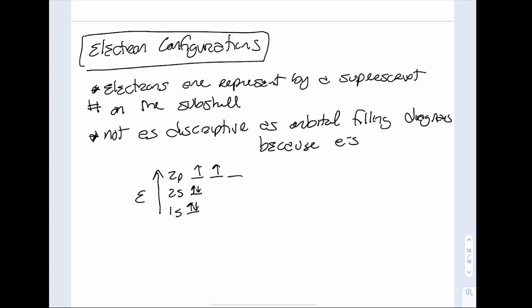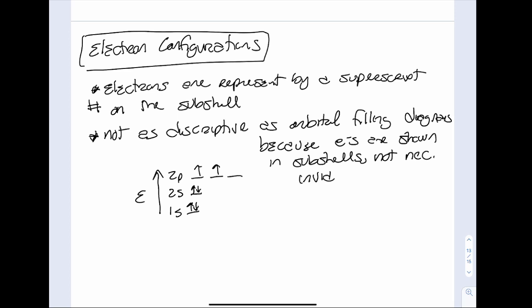Because electrons are shown in subshells, not necessarily individual orbitals. And the reason I'm saying not necessarily instead of just not is that if we're looking at an s subshell, there is only one s orbital per subshell.